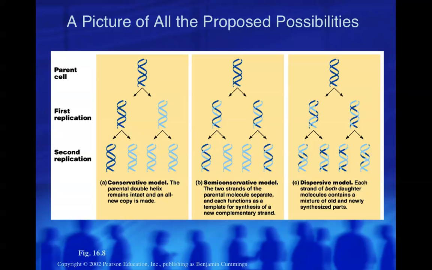So you'll notice the first replication, you have a parent strand in each, and then a new strand in each as well. And then dispersive, you'll see that it's all basically random. So you have your parent DNA strand, and then your first replicated is just random nucleotides of parent and new put in there all together.